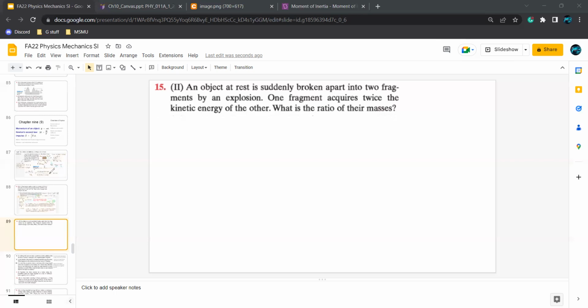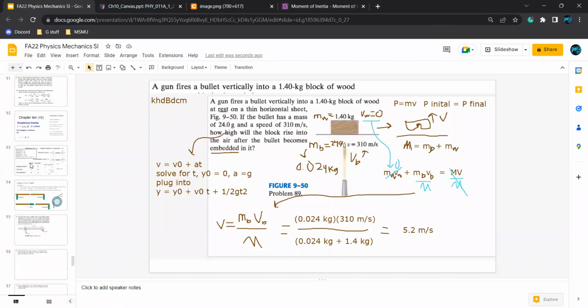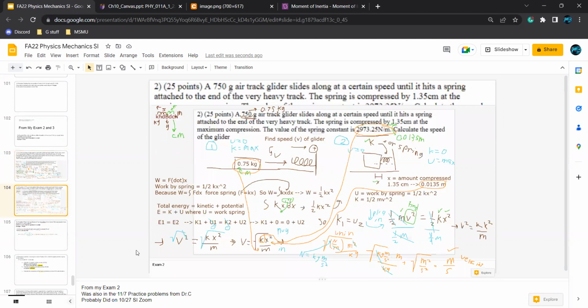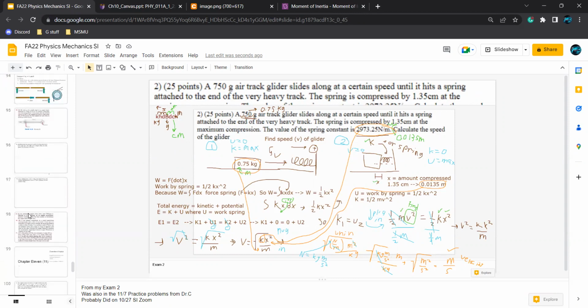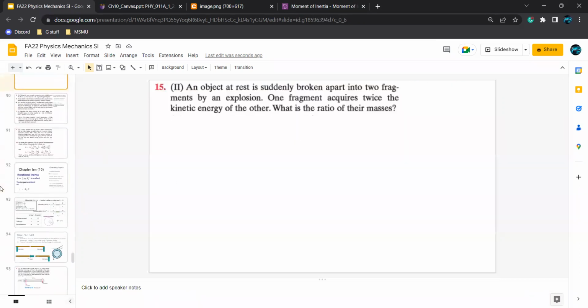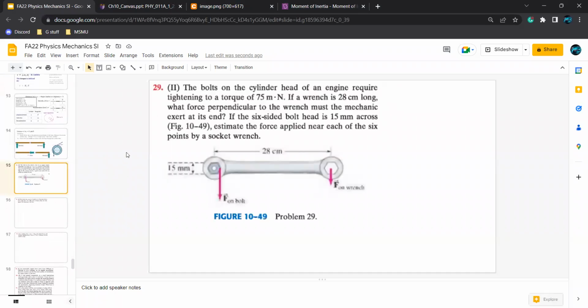But seeing as we already did a kind of collision, I did this one on the 11/3 supplemental, and it was also on your practice paper from Dr. C. It was also on the 11-7 practice supplemental, and you got it on, oh wait, no, sorry, you got it on the practice problem from Dr. C, and it was probably on the 10-27 supplemental. The point is, I think we're gonna skip this one for now. And if I need problems to do later, then we'll go back to it.